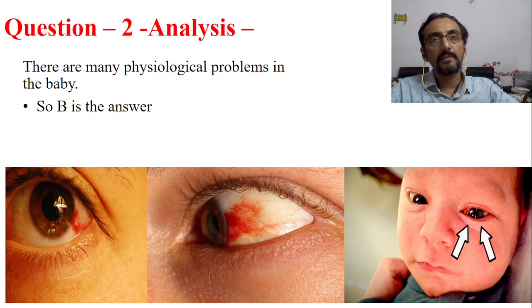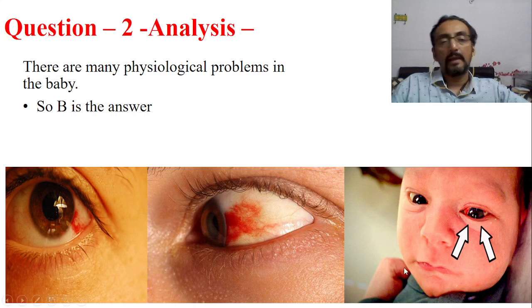Sometimes even retinal hemorrhages may take place, but to see that we have to go for fundoscopy. This type of presentation is quite common in the newborn baby, and there is no need of any antibiotic drops, as it will resolve by itself. Okay, so this is another important condition.